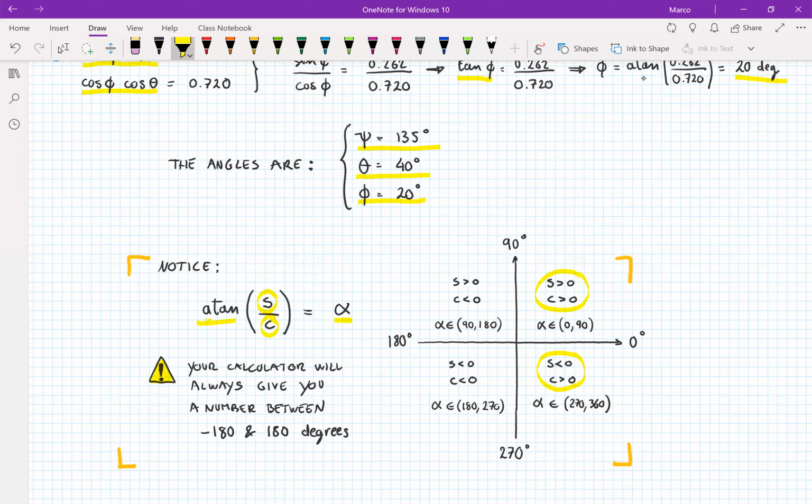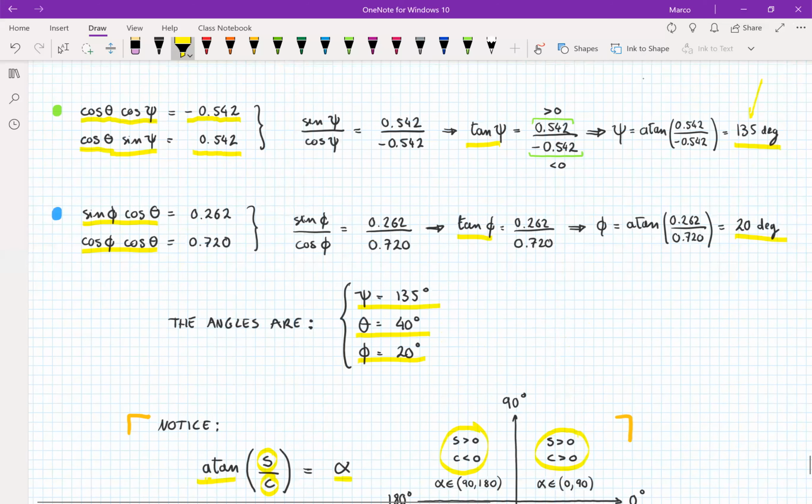So alpha has to be between 270 and 360, or between 0 and -90. If both S and C are negative, then alpha necessarily has to be between 180 and 270 degrees. And finally, if S is positive and C is negative, then alpha has to be between 90 and 180.